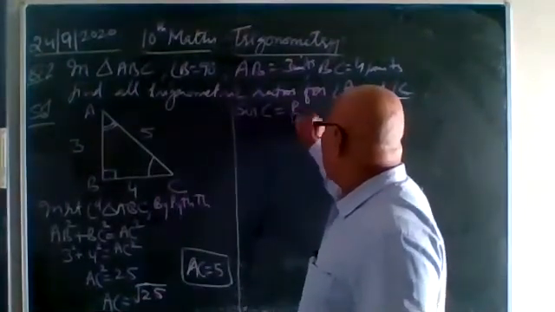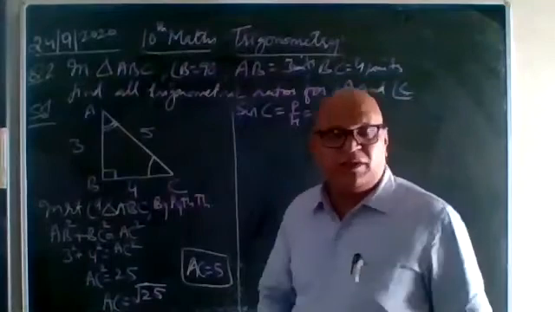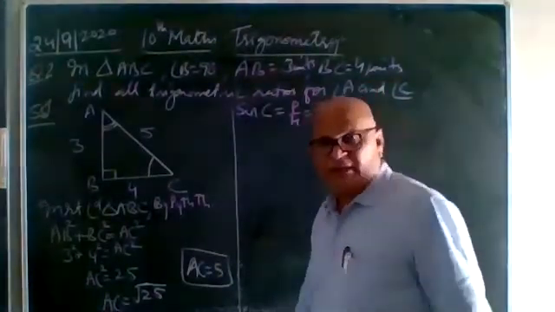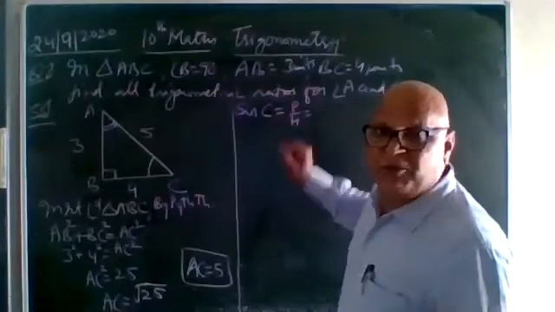Perpendicular upon hypotenuse, you write this, so you will not make mistakes in doing the question. Sine C is P upon H.